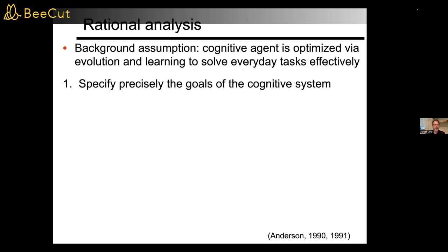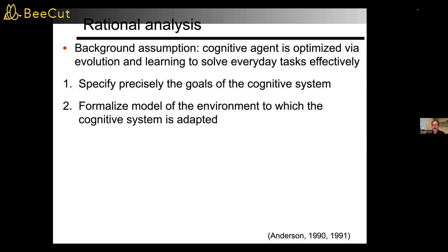We start by specifying precisely the goal of the cognitive system. So in the case of language understanding, for example, the goals include understanding what you're hearing and reading, and doing so efficiently and accurately. Then we build a formalized model of the environment to which the cognitive system is adapted.